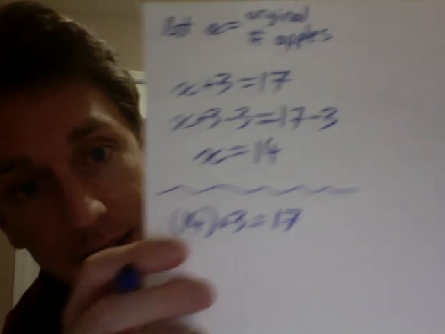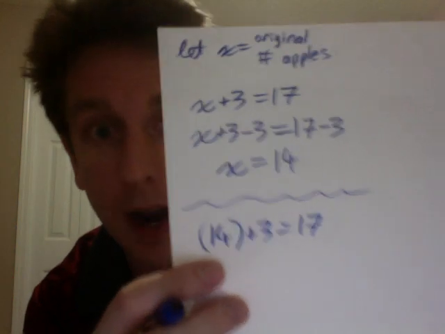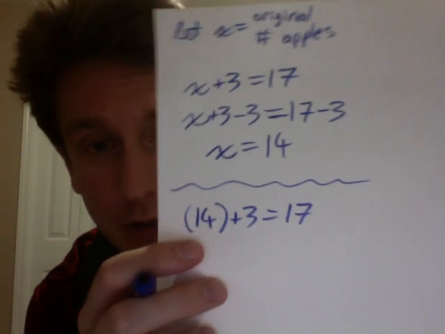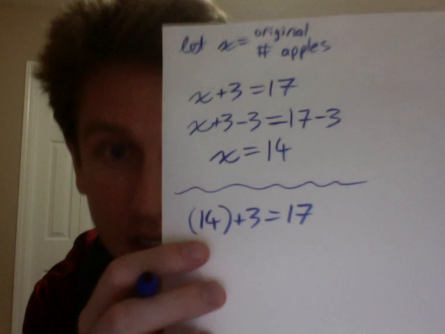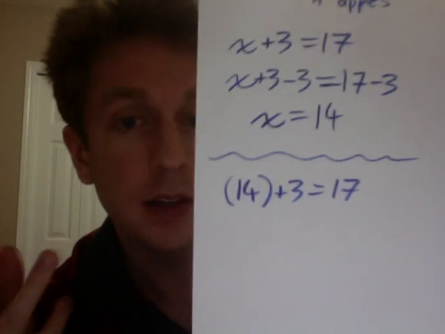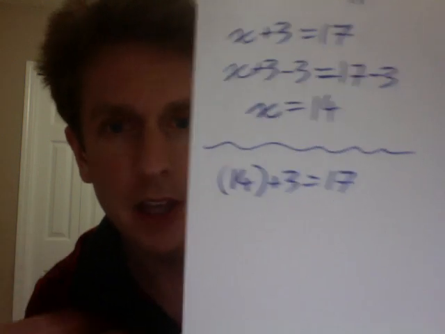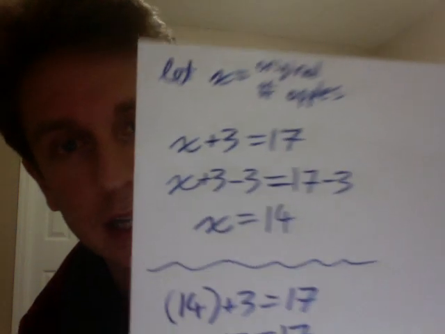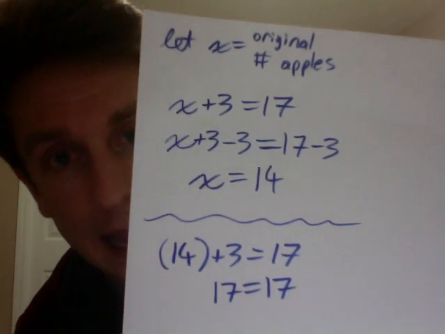Now these brackets mathematically are not required to do the operation because they're just around one number, but that shows us that it's substitution. So it is a proper thing you want to include. So we see 14 plus 3 equals 17. 17 equals 17. Therefore, we know that 14 was the correct value for x.